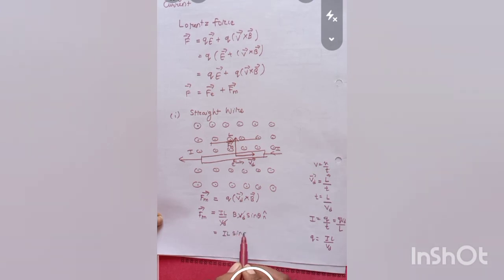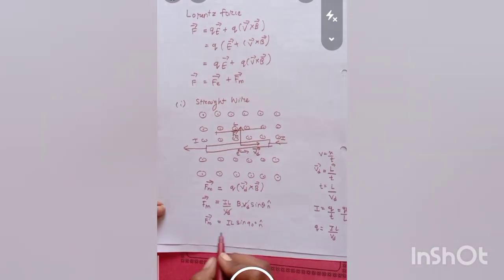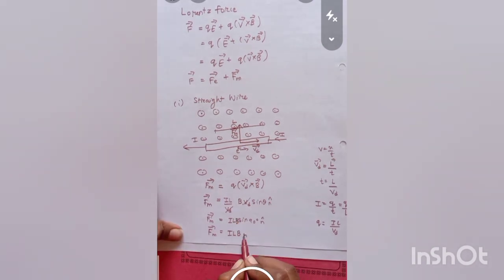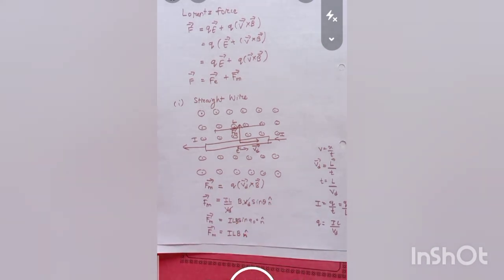IL sine of 90 degrees in the direction of magnetic field, and that will lead to vector Fm is equal to ILB n cap. This is the magnetic force acting on the straight wire having length L.